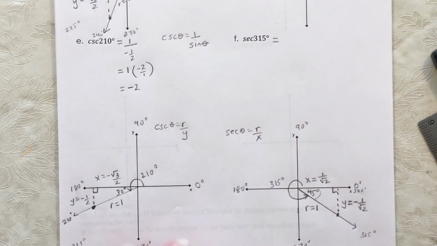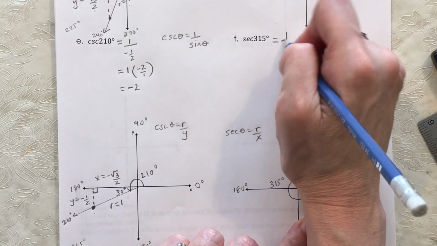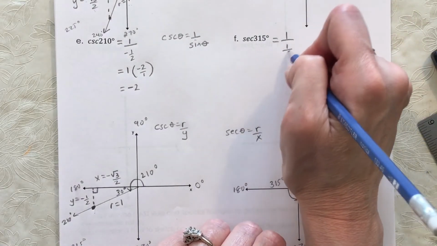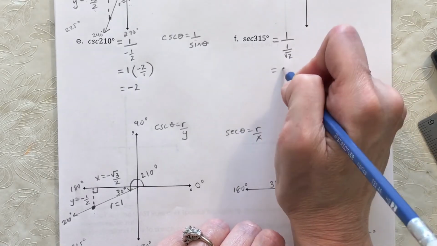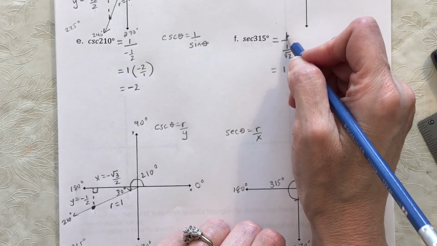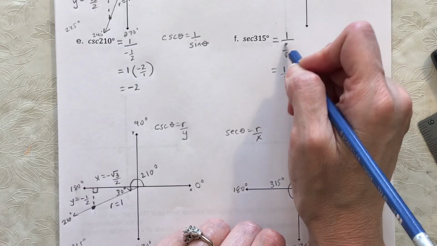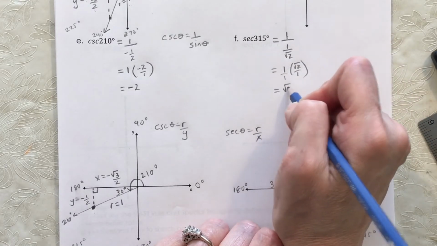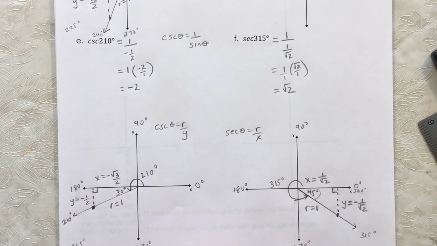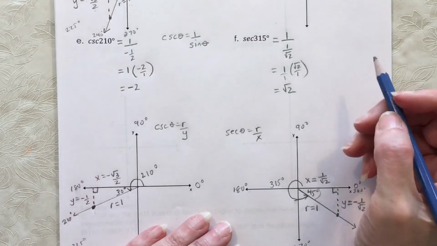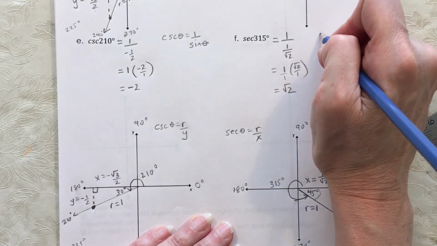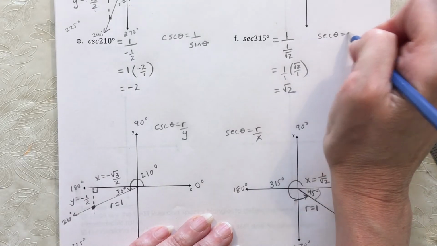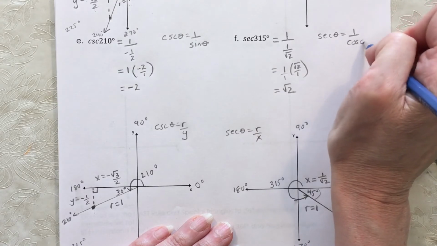So the r value, which is 1, over the x value, which is 1/√2. So keep the 1 and then multiply by the reciprocal, and you end up with √2 being the secant of 315 degrees.